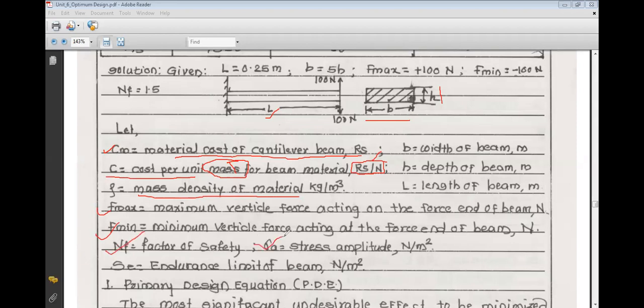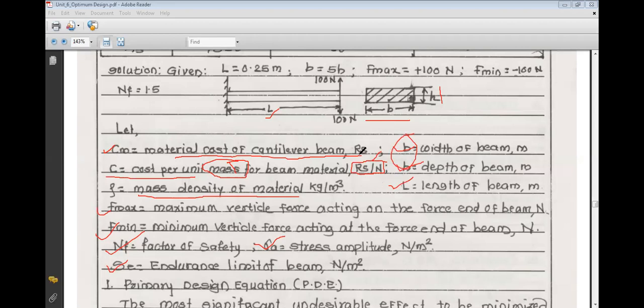Sigma a is the stress amplitude. For a varying load there is a stress amplitude, and for that we require the endurance strength, or endurance limit, of the beam. Then B is the width of the beam, H is the depth, and L is the length. So this is the cross section area, and this is the length of the beam.